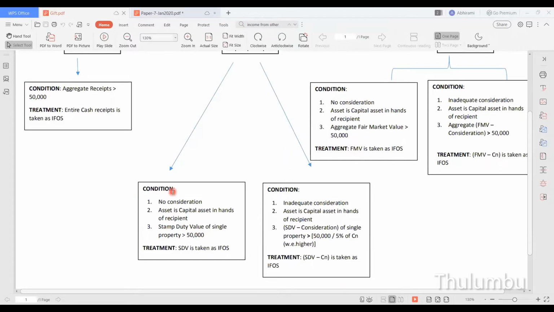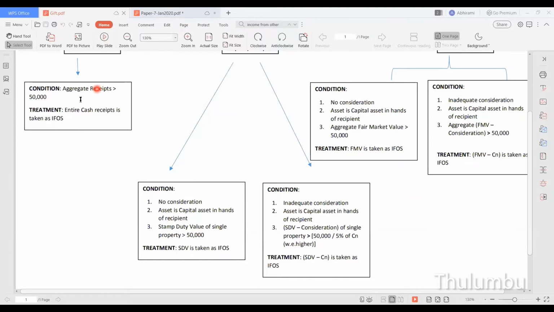First scenario, when there is no consideration. Now I am receiving a flat from a friend for no consideration. So building is a capital asset. Now what I check is the stamp duty value, of that single property.